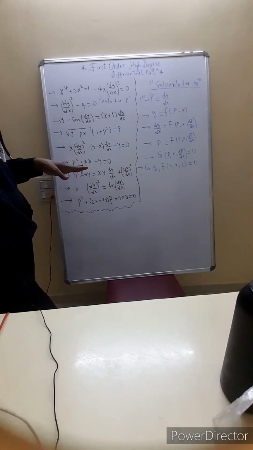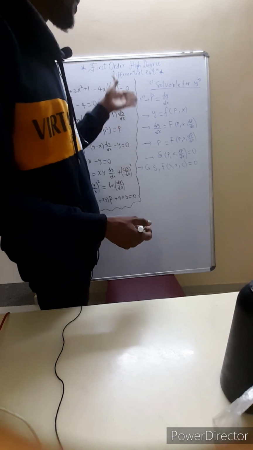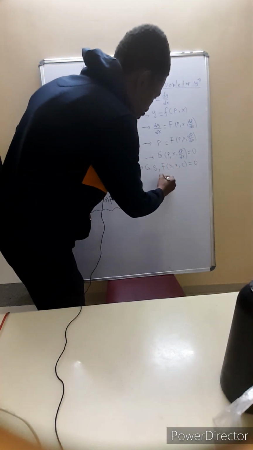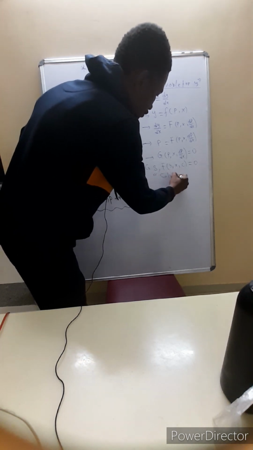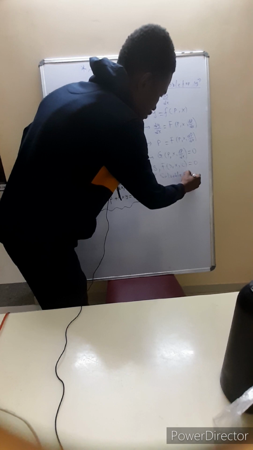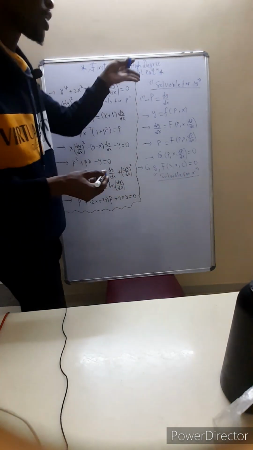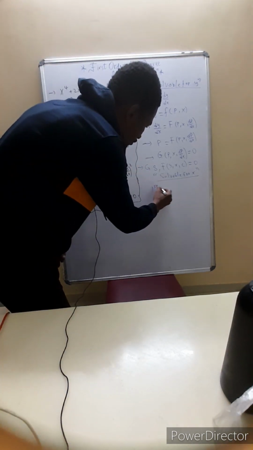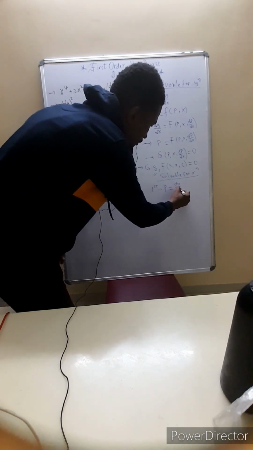Now, what about when it is solvable for x? How do we proceed? The steps are almost the same. First, you make p equal to dy by dx.